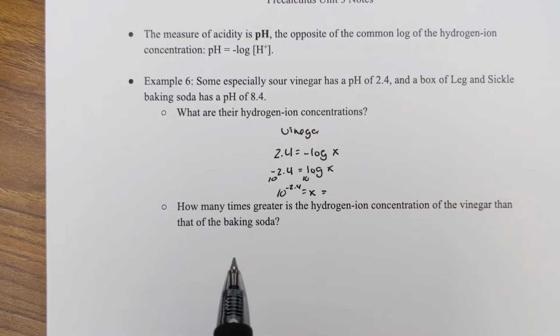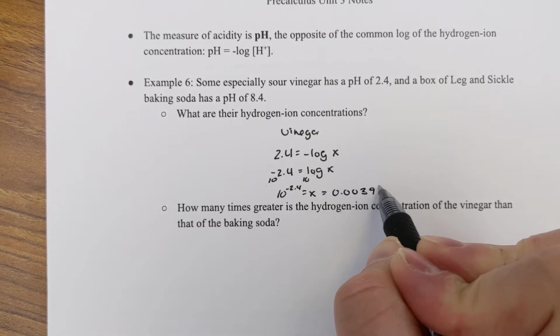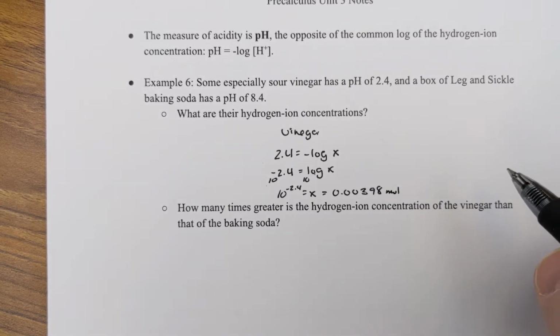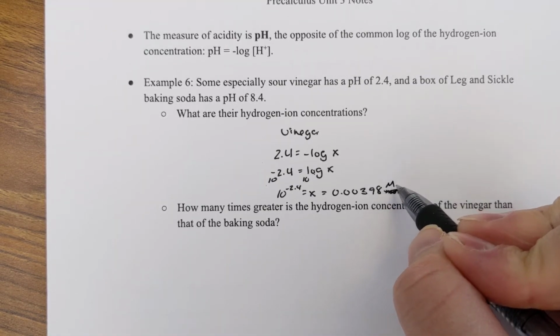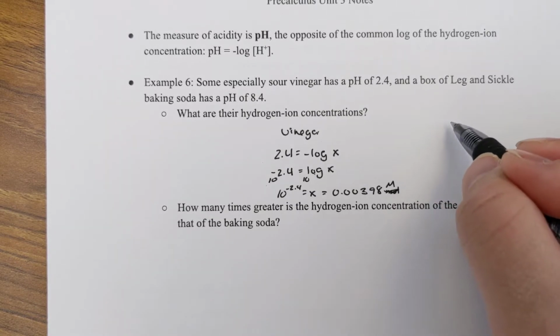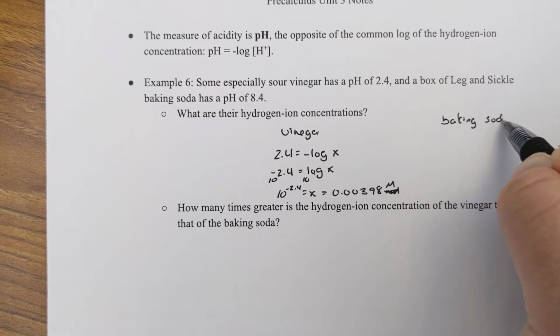So 10 to the negative 2.4 is 0.00398 molarity, capital M. Okay, and then for the baking soda, similar process.